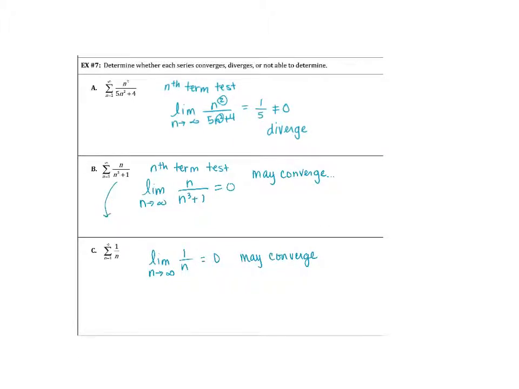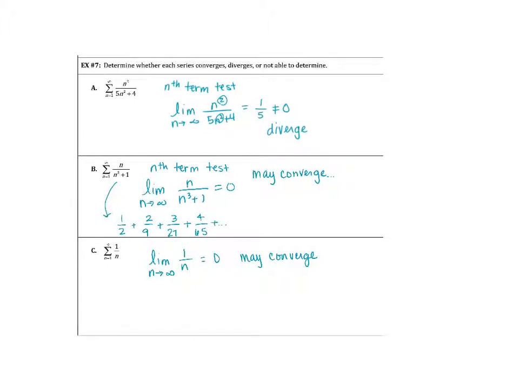Well, if we plug in 1, that's going to give us a half. Plus, if I plug in 2, that's going to give me 2/9. If I plug in 3, that's going to give me 3 over 27. And just for grins, let's plug in 4, so that's 4 over 65.